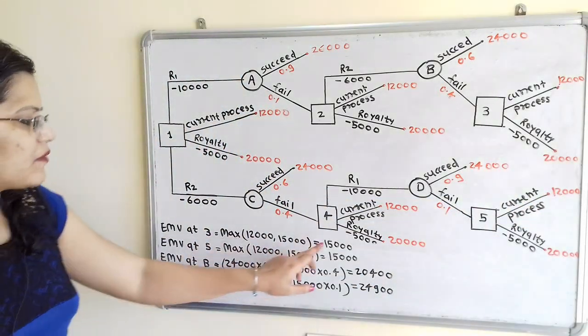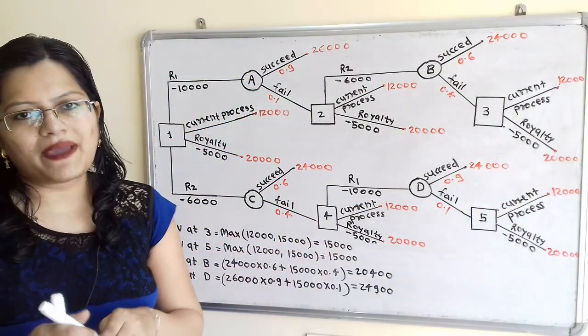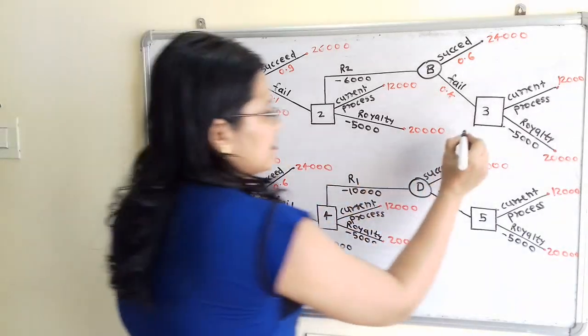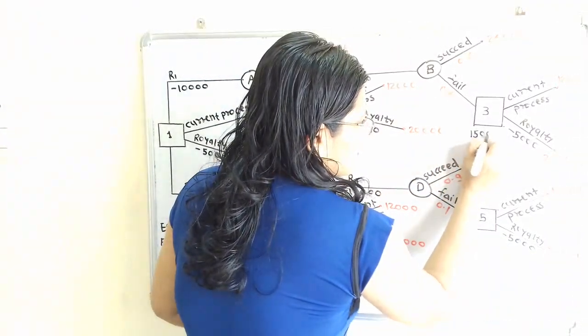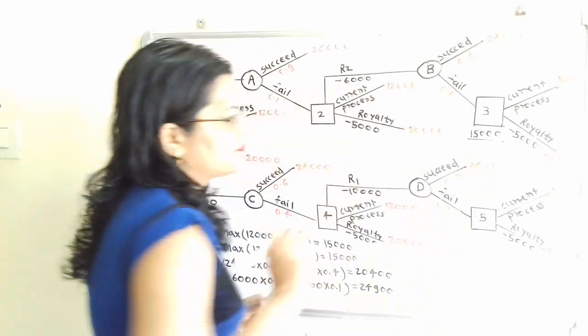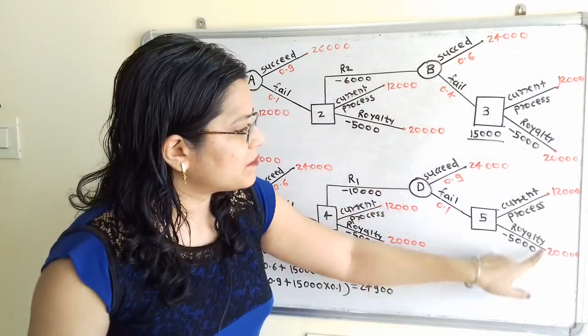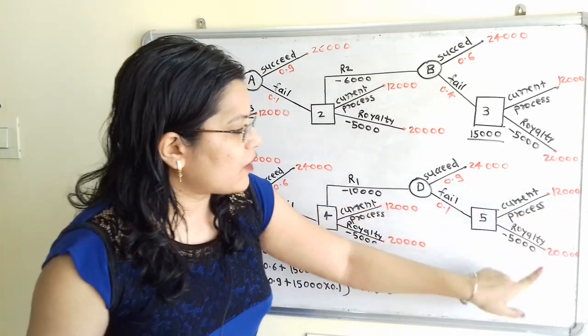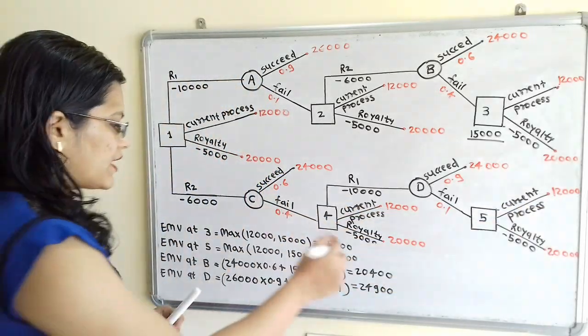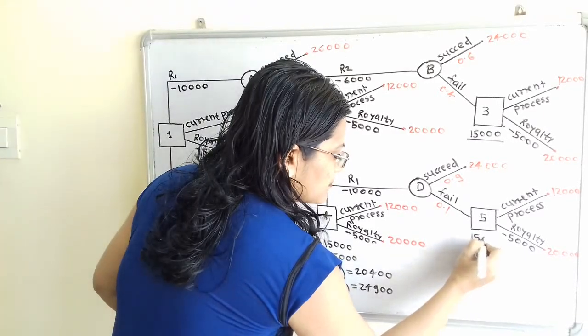What is the maximum value? 15,000 is the maximum value. So we will mention here 15,000. I will underline this. Then at node 5, again we have to select the maximum between these two, that is 12,000 and 15,000. So again here will be 15,000.